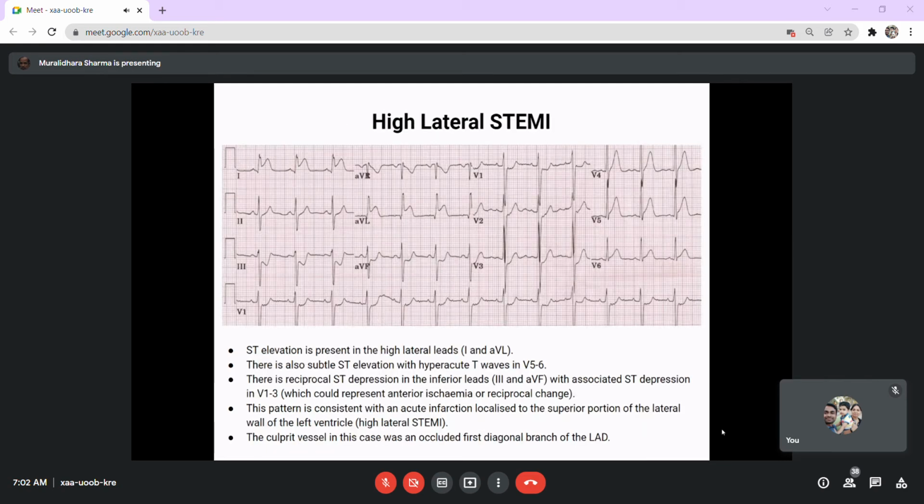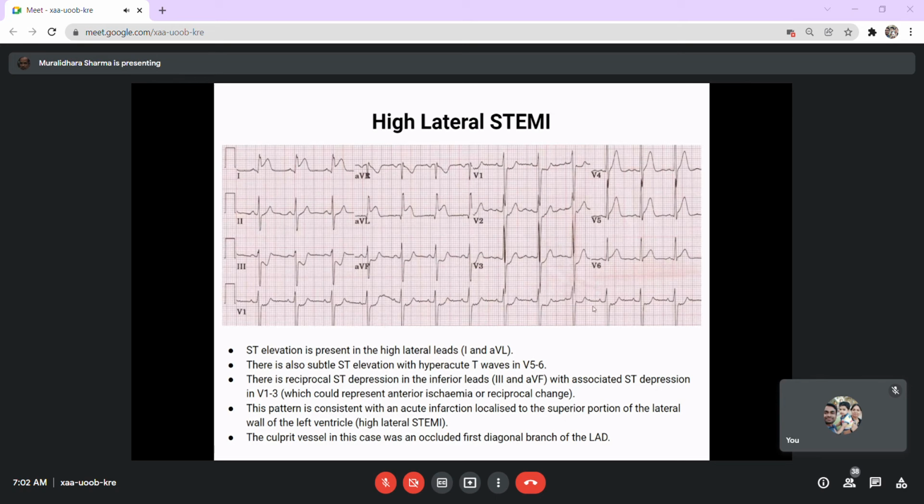In lateral STEMI, or lateral myocardial infarction, the changes are seen in lead 1 to AVL; ST elevation is seen more in lead 1 and AVL. Comparatively, the changes seen in the chest leads are lesser.